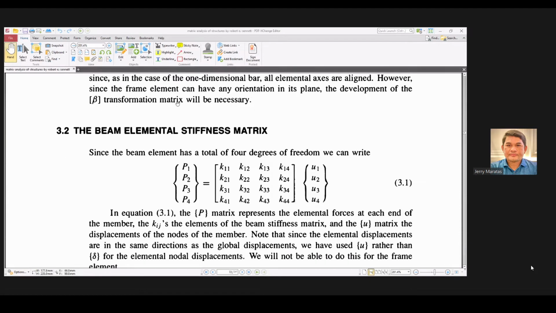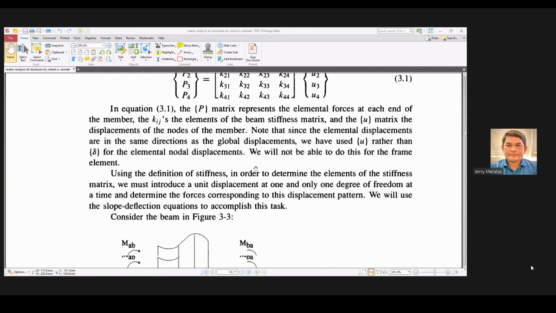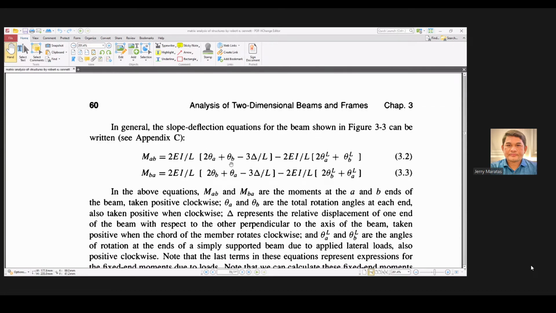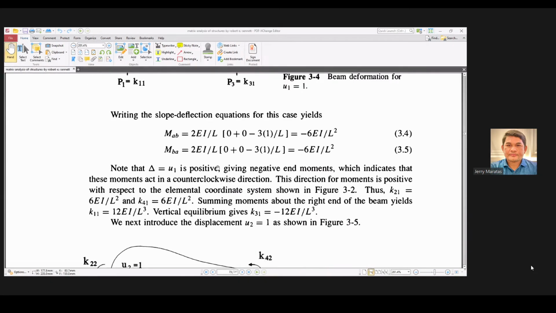So this is our K. It is 4 by 4, but this is only for per element, okay. So using the slope deflection equations, and after that you can come up with a series of linear equations, then you can transform this into matrix form.